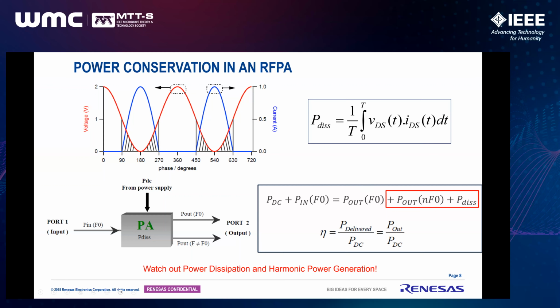So not only can you lose efficiency of a given device by harmonic power generation, also if there is some overlapping between the voltage and current waveforms, you can lose efficiency. That's why for high efficiency operation, we definitely need to watch out for two things. One, we would like to keep the harmonic power generation as low as possible, as well as power dissipation as low as possible.